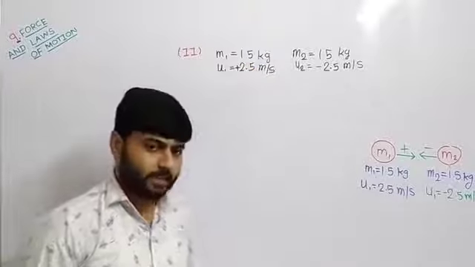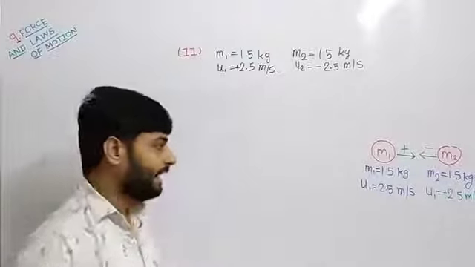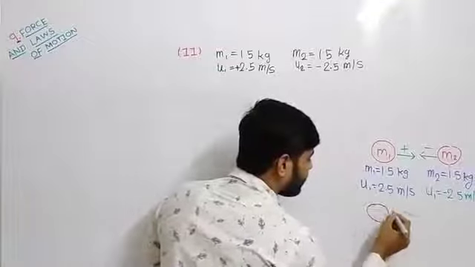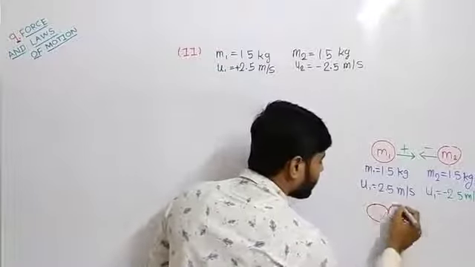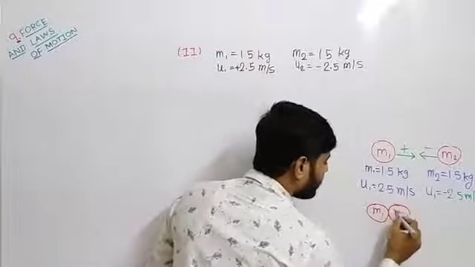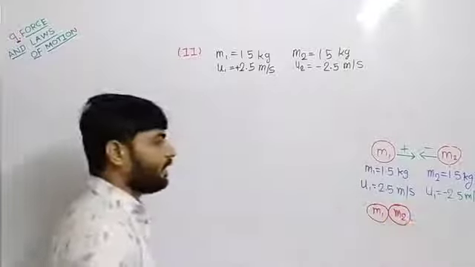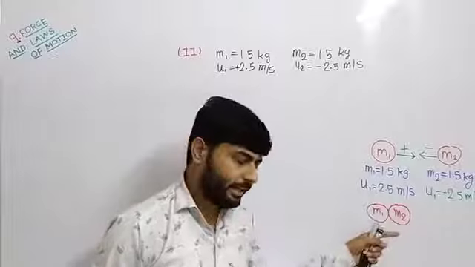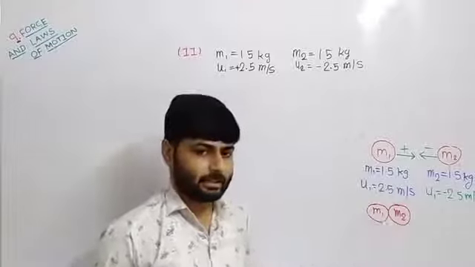Now after collision they combine with each other, which means after collision they will be something like this, M1, M2. Now we have to find the direction and velocity of these combined objects.